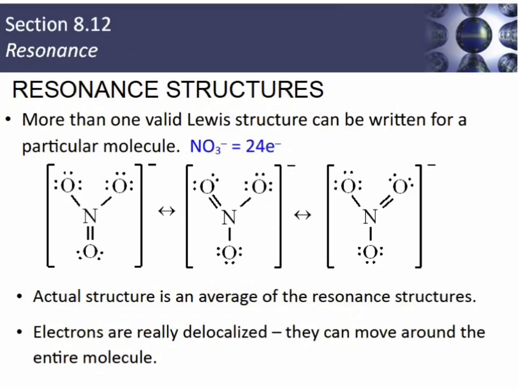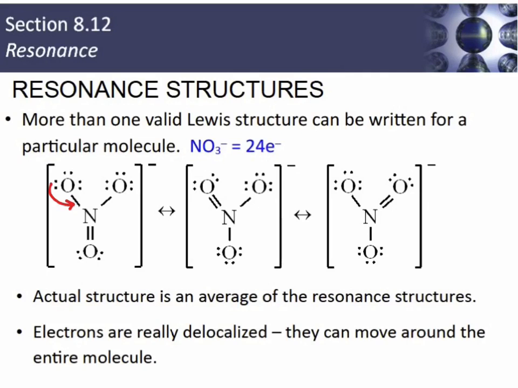So we're going to talk about now formal charge. So what we have here are resonance structures. So a resonance structure is one where there's a double or triple bond, and it's moving. It's not staying on that same atom all the time because electrons are delocalized. They're mobile. So what happens is, if I'm looking at the very first structure, these electrons here can move and make that a double bond.